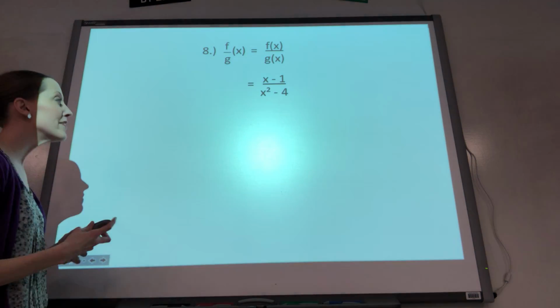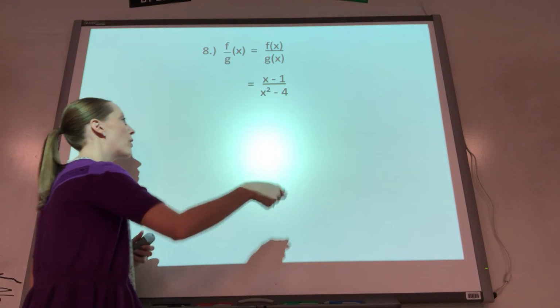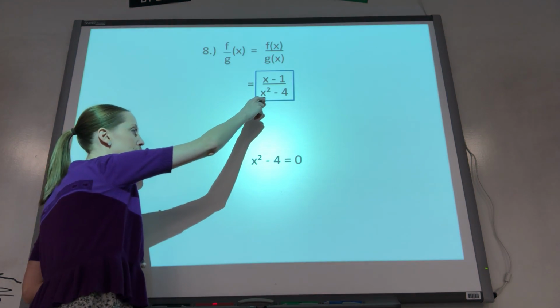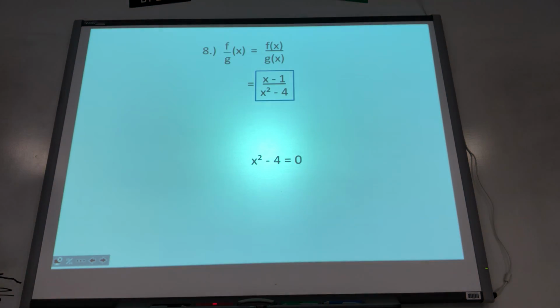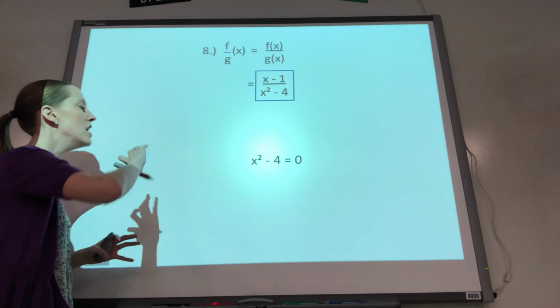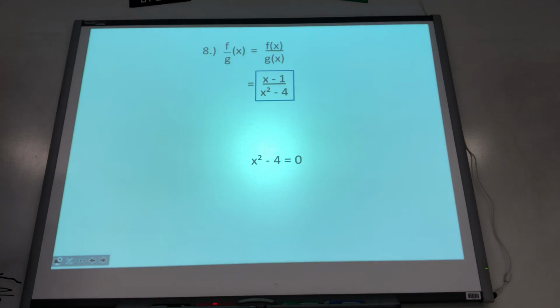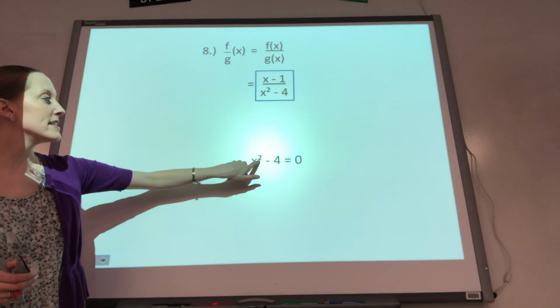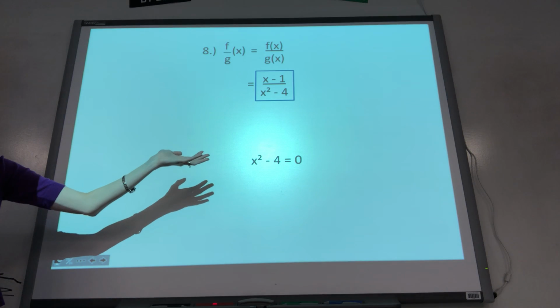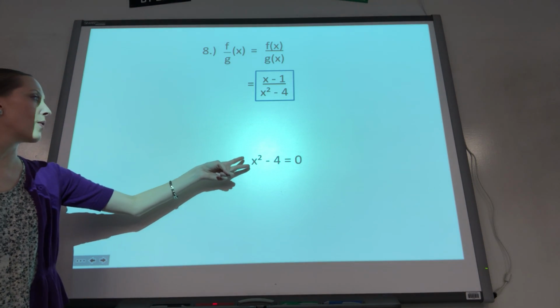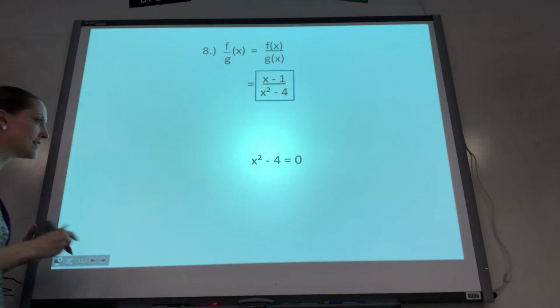So to find the values of x that we're going to throw out, we're going to take the bottom, set it equal to 0, even though I don't really want it to equal 0. Set it equal to 0 temporarily and solve it for x. This is a little bit different because of the square, but there's probably 2, maybe more ways that you could solve this.